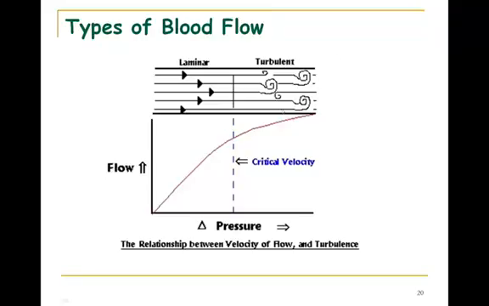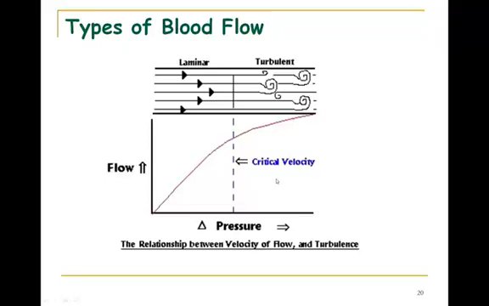We do encounter some turbulent flow in our circulation. At bifurcations, you will encounter turbulent flow. Anytime you have a sudden change in vessel radius, you'll get some turbulent flow. If the velocity of flow increases, you have a tendency towards an increase in turbulence.